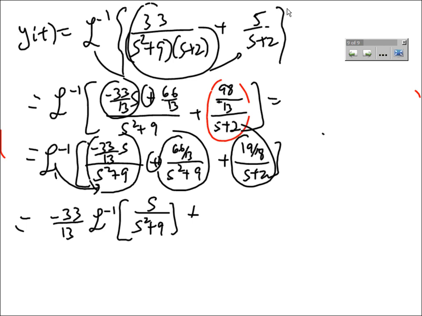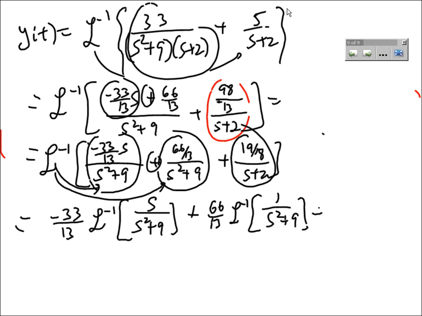Plus, when you take the Laplace of the second fraction, you can factor out the constant and just take the inverse of 1 over s squared plus 9, plus the inverse Laplace of the third. You can factor out the constant and just take the Laplace inverse of 1 over s plus 2.